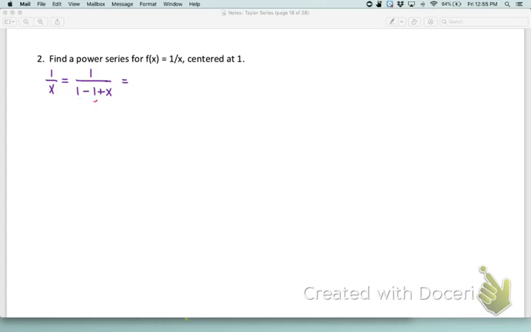So here's how I did that. What I did here was I went ahead and factored out the negative from this. So that gives me 1 minus 1 minus x. But because this is not in the form that we want of x minus c, in order to reverse that, I need to factor out a negative again, but I don't want to lose this negative, so I'm going to factor out just inside the parentheses, which gives me 1 over 1 minus negative x minus 1.